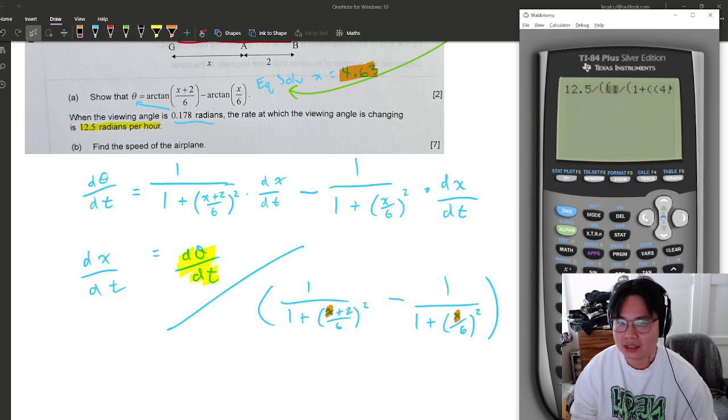Oh my god, how many brackets are there right now? Okay, I think that's enough brackets. Minus 1 divided by bracket 1 plus bracket 4.63 divided by 6 bracket squared bracket bracket. Please.